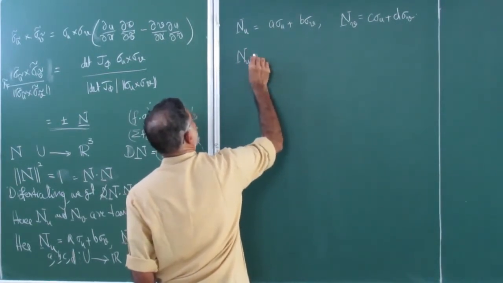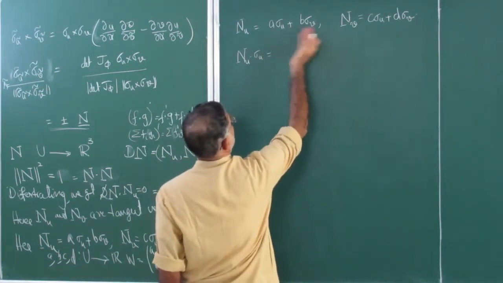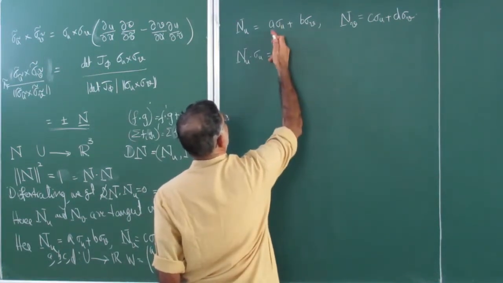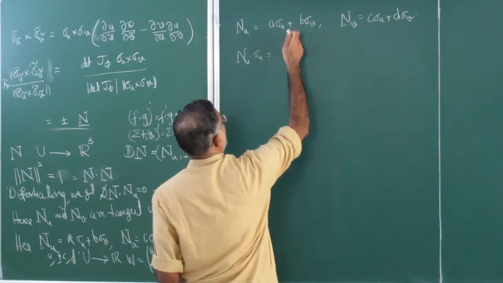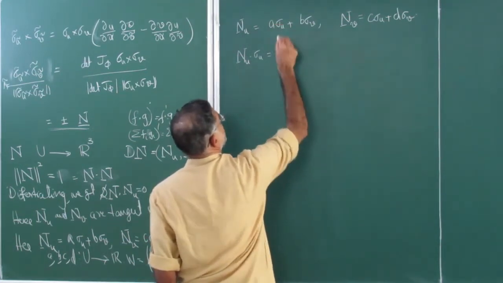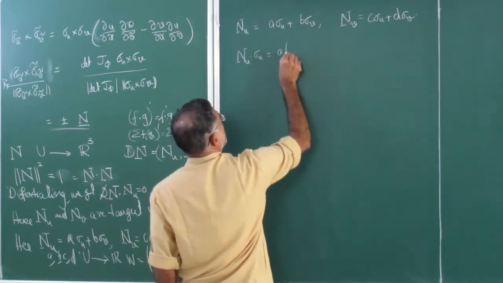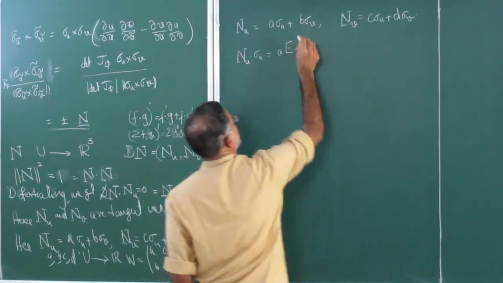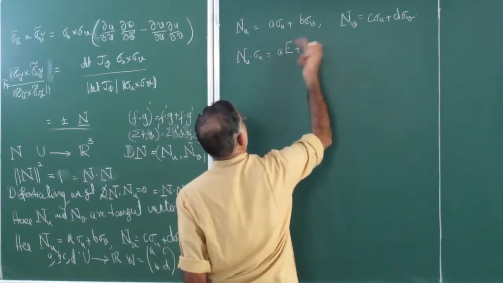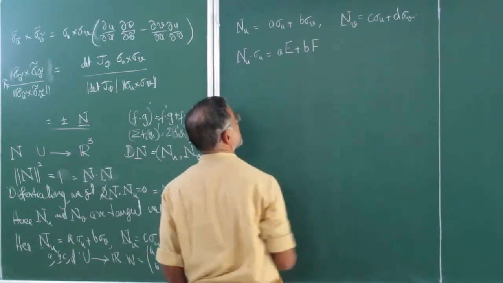Nu dot sigma u. What will this be? You take the dot product with sigma u. So A sigma u dot sigma u, that is E, norm of sigma u squared, so A E, plus B sigma v dot sigma u, that is F. That's good.